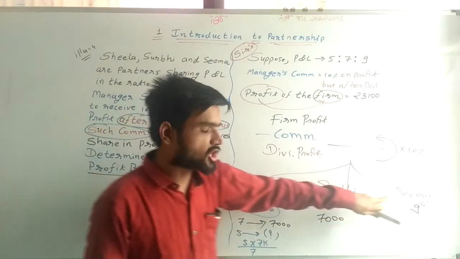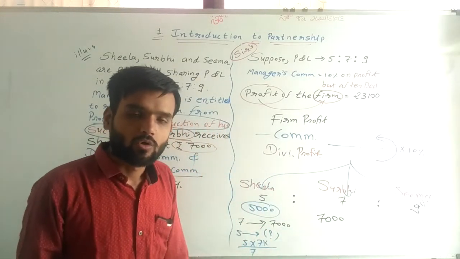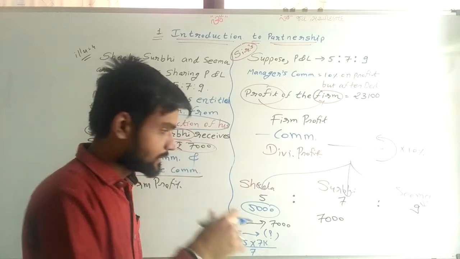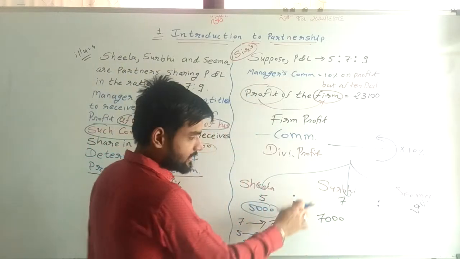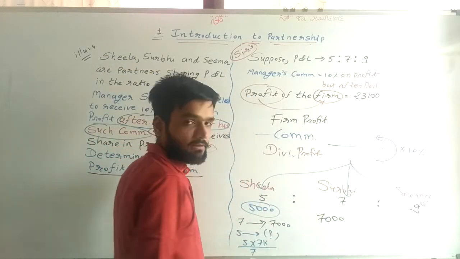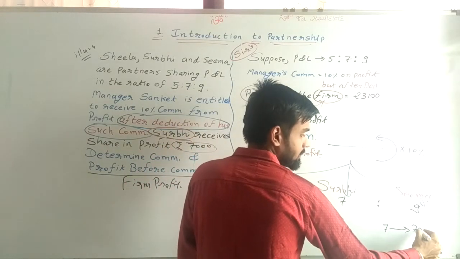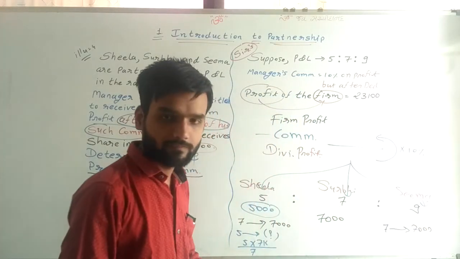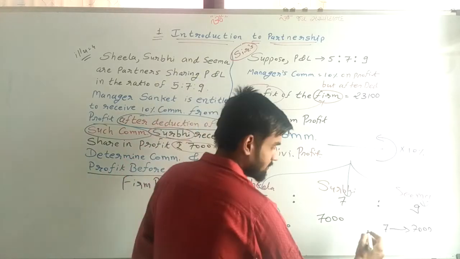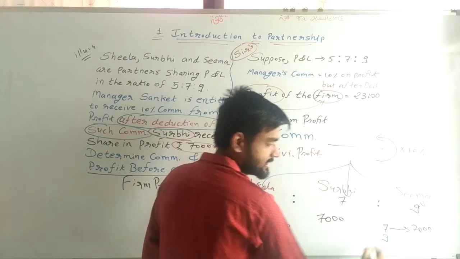Now again, calculation for Seema also. What is the profit of Seema? We can calculate in the same way. Suppose 7,000 rupees is the profit for 7. But for Seema, that is the 9 portion.